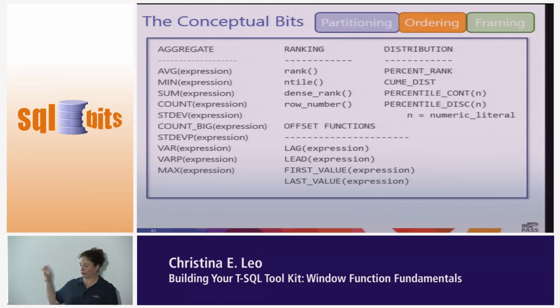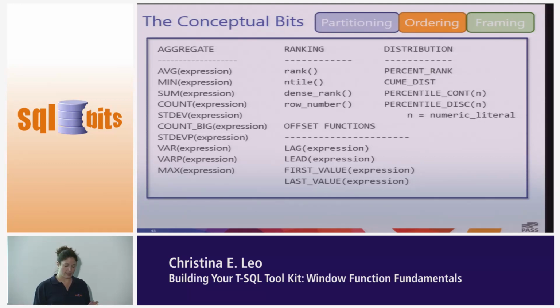So when framing got introduced in 2012, that's when our offset functions came into play. And I've got a list of who was available in 2005 and who was available in 2012. I can't ever keep up with it. They didn't make any changes in 2014 to the window function, so everything that was available in 2012 is still functional in 2014. So all of these 4 types will support ordering.